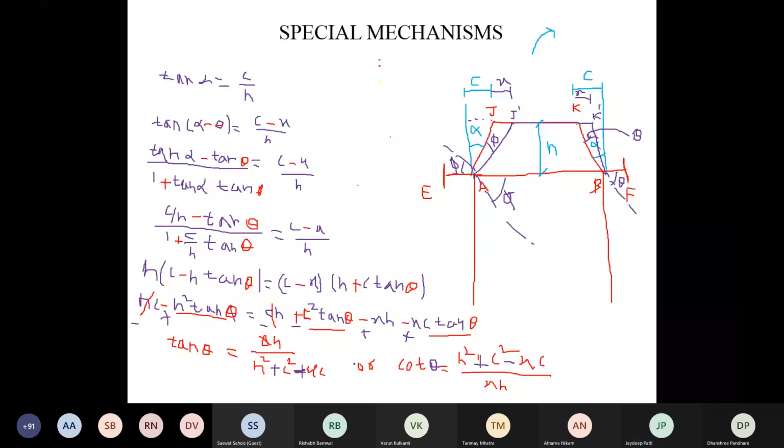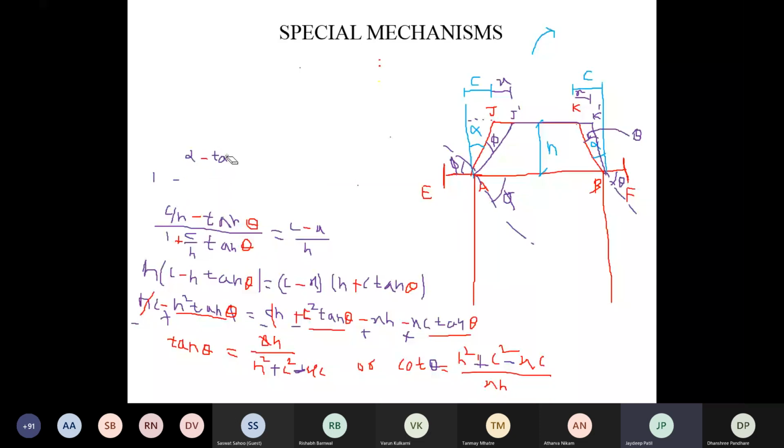Okay, done. Yes. Now here you will get the cot phi and cot theta also. Now what is the condition of correct steering gear mechanism? Now see the condition of correct steering gear mechanism. क्या था cot phi minus cot theta is equal to?